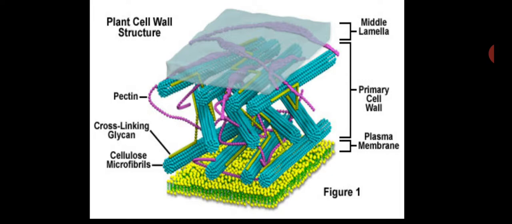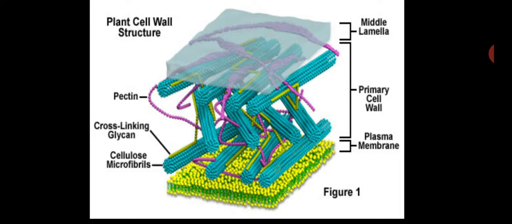Let's come to the middle lamella. The chief materials are calcium and magnesium pectate. It is like a matrix. The middle lamella acts like a cementing layer of neighboring cell walls.